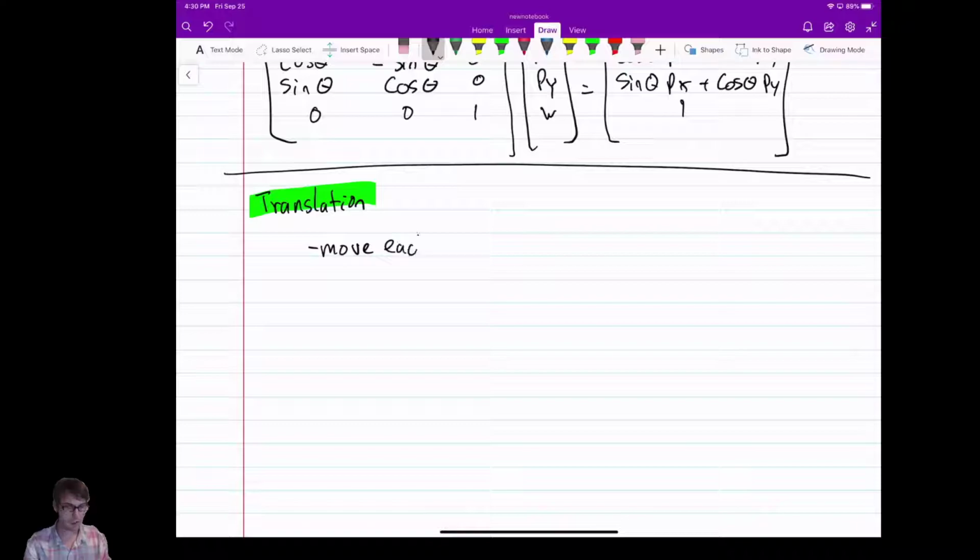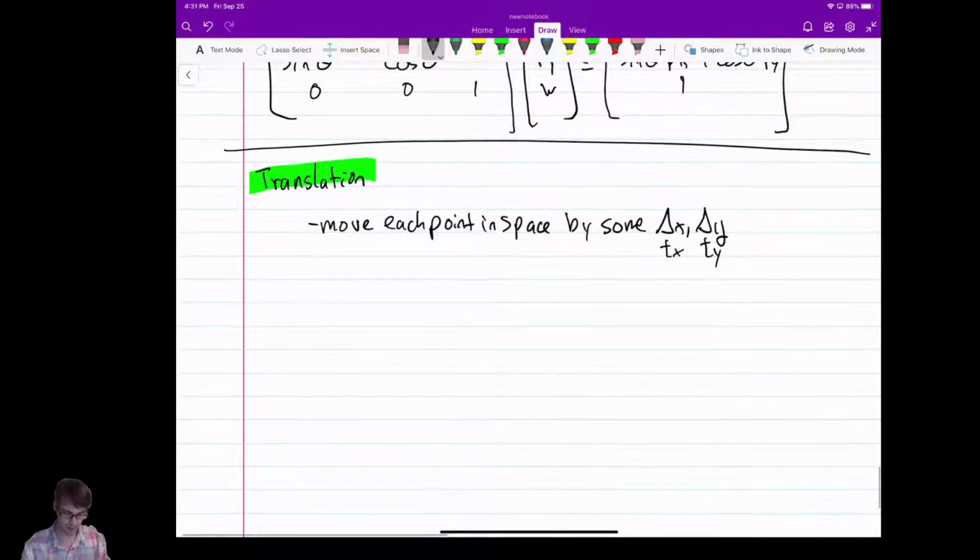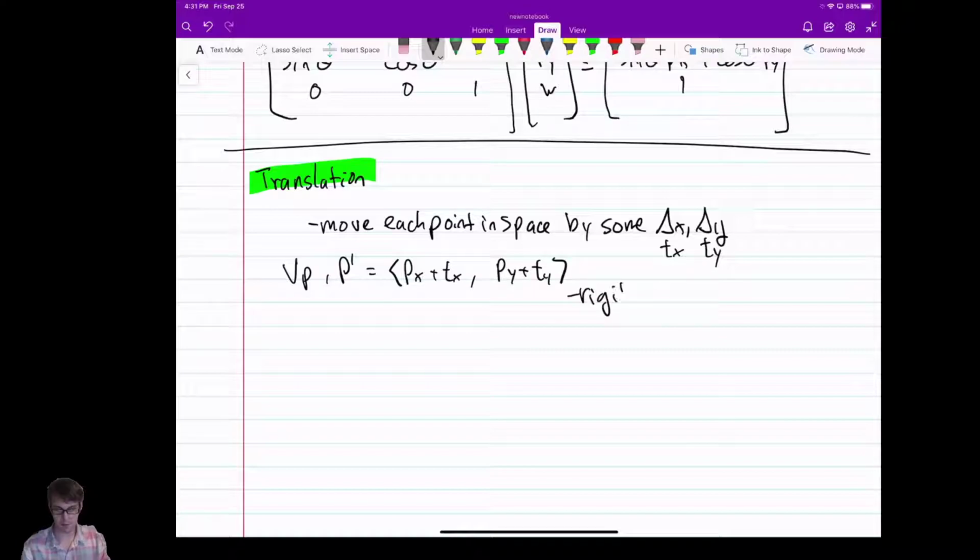When I move each point in space by some delta x, delta y, we often call these tx and ty, translate x, translate y. That is, for every p in our list, p prime is going to be the old point plus tx, and then the old point plus ty. That's all that we do. This is also a rigid body transformation.